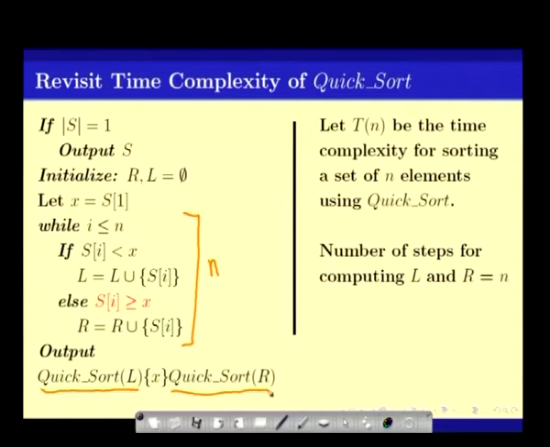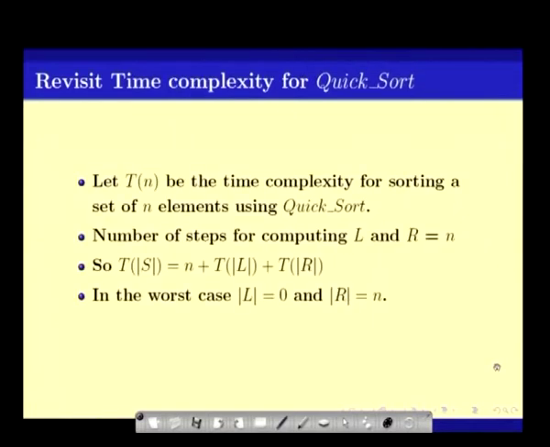Now, since T n is the time complexity for sorting a set of n elements, what is the time complexity for sorting L? It is, of course, T of size of L, and similarly this one is T of size of R, and thus we have T of size of S is n for this set plus T of size of L plus T of size of R.